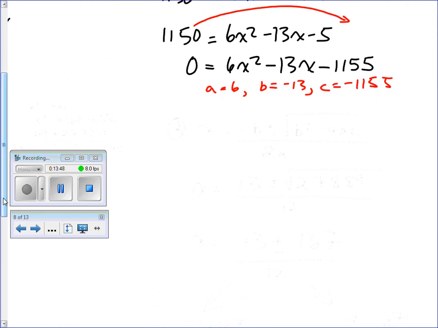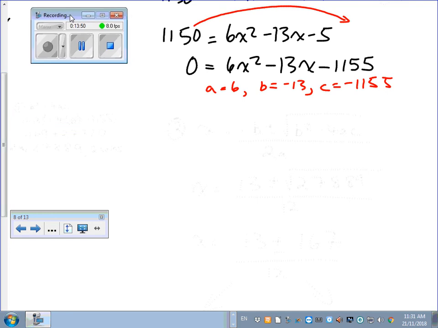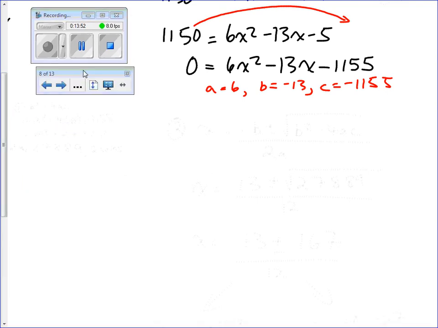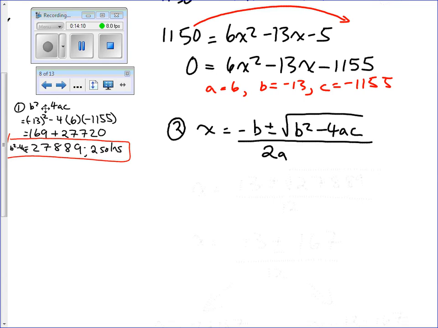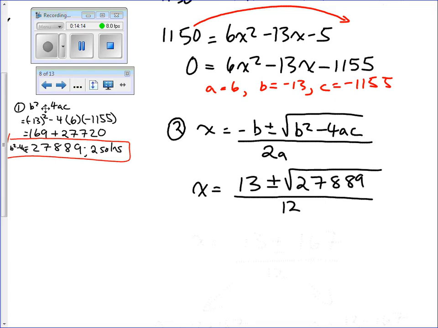The reason why I went straight to that is because I don't know what numbers multiply to negative 1,155 and add to negative 13. So we just go straight to the quadratic formula. When you do that, b squared minus 4ac is this, which means we have two solutions for our x value.